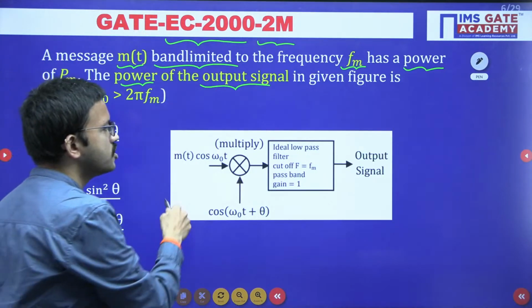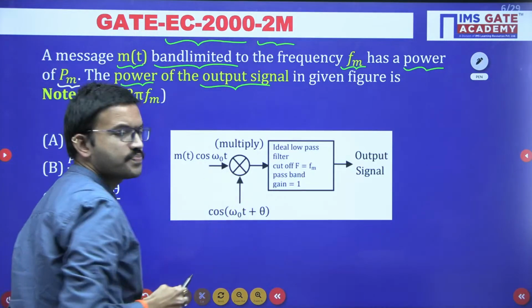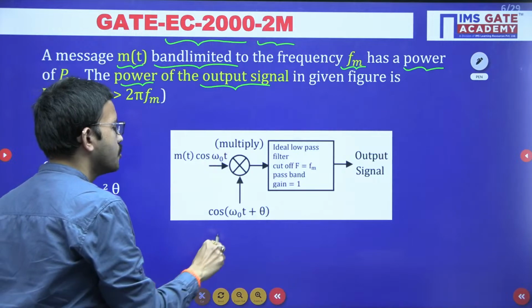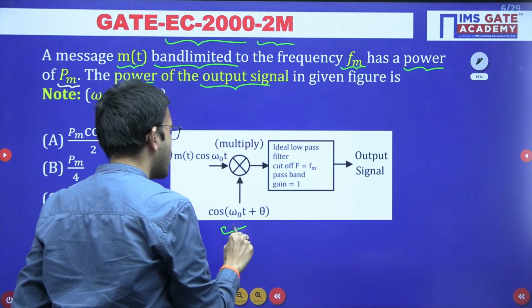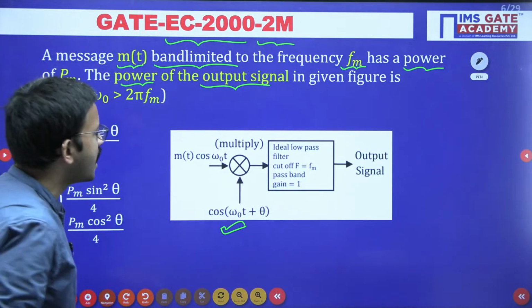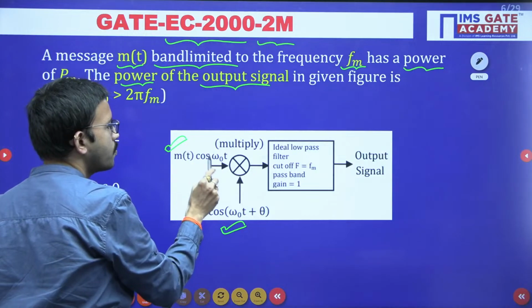So here if you observe the given block diagram, here you are having the multiplier. For this particular multiplier you are having one input as cos omega naught t plus theta, whereas the other input is m of t into cos omega naught t.